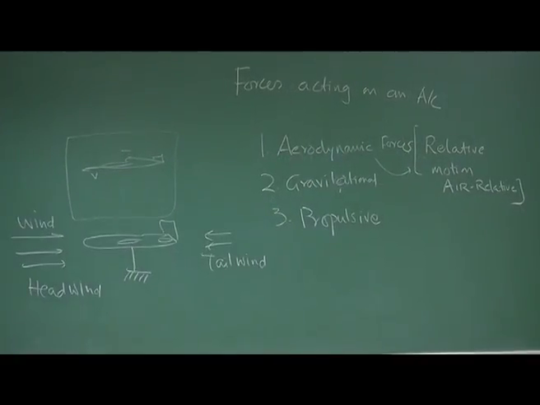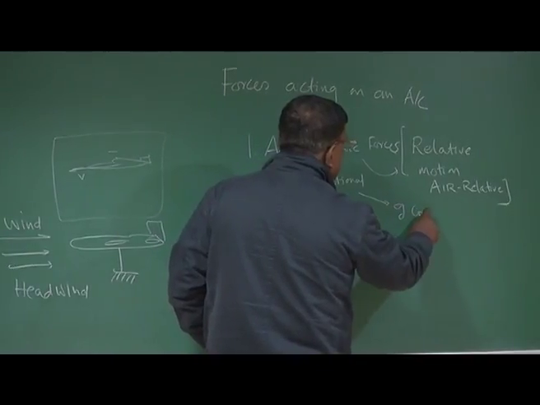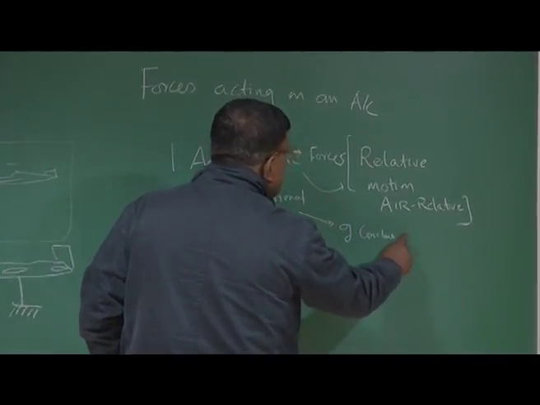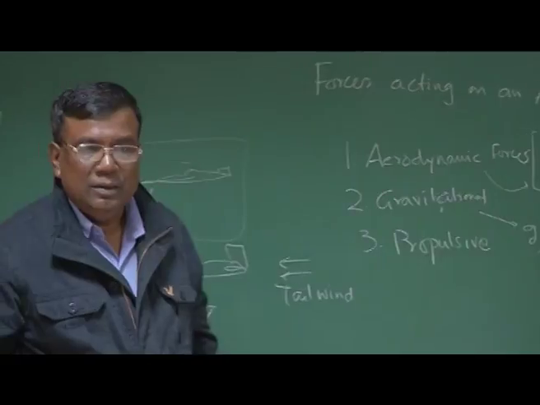Clear? Gravitational, you understand, we will assume here g to be constant because the height is not that large that we need to take care of variation of g. Propulsive, it could be a jet engine, it could be a piston prop, IC engine.